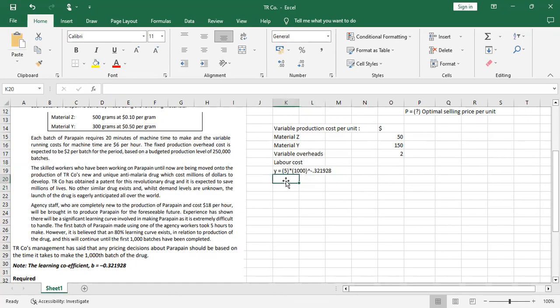Like if I would like to solve it separately, although we can solve it as one equation, if we solve it now, 1000 raised to power minus 0.321928, and then we can multiply this value with 5.